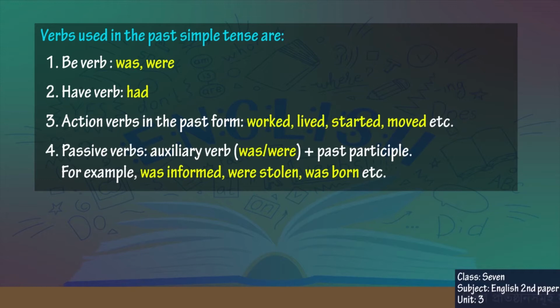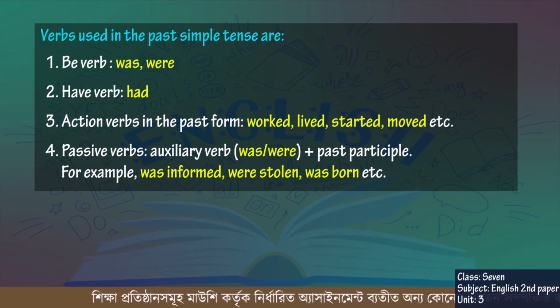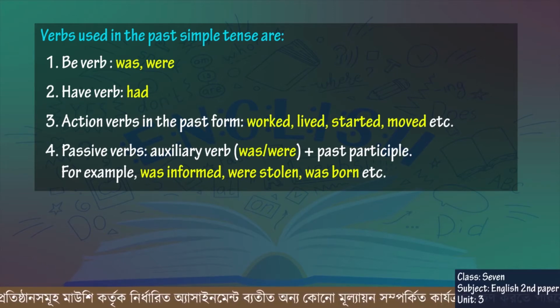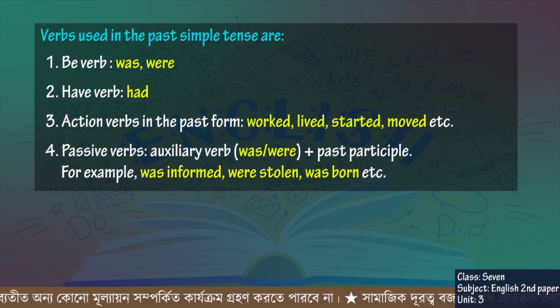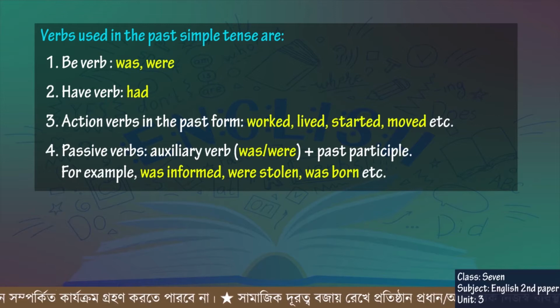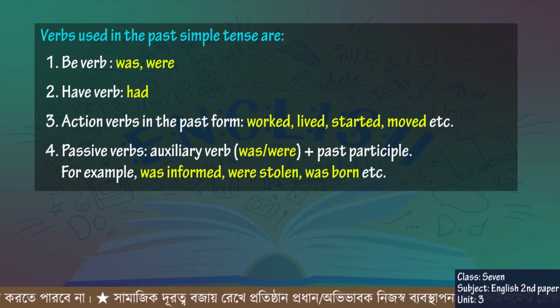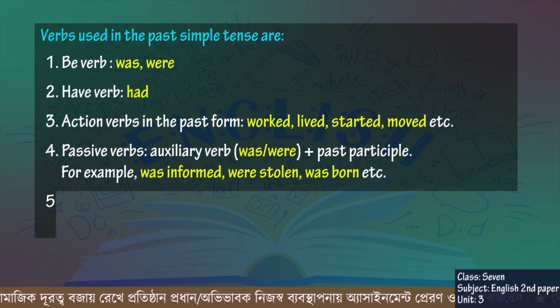For an example, was informed, was stolen, was born, etc. Was informed, here, this is a passive form of the verb is informed. Was is the past form of the verb is. Informed is the past participle form of the verb inform.